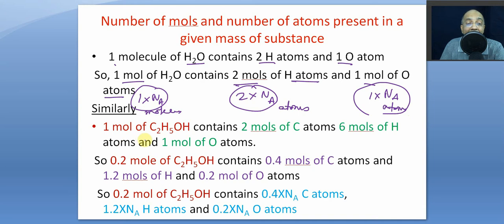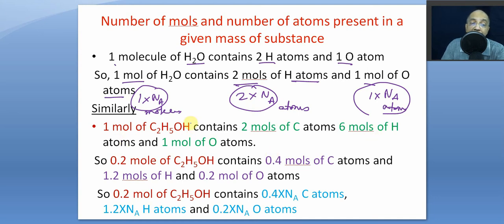So if 1 mole of ethanol contains 2 moles of carbon, 5 plus 1, 6 moles of hydrogen and 1 mole of oxygen. If 1 molecule contains 2 carbon atoms, 6 hydrogen atoms, 1 oxygen atom, then 1 mole will contain that many number of moles: 2 moles, 6 moles and 1 mole of oxygen atoms.